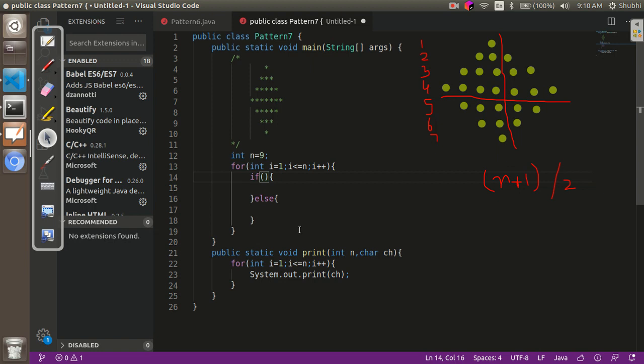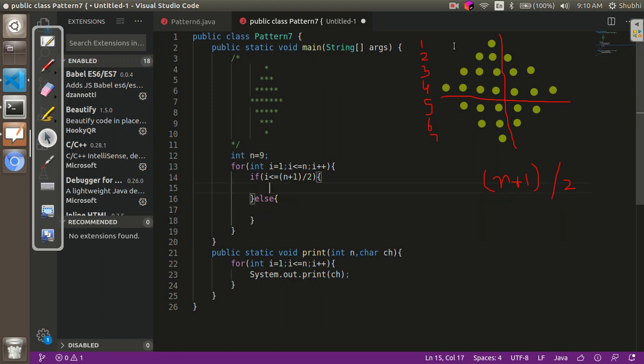So our control has to enter the if block if and only if the row count is less than or equal to (n+1)/2. So over here we will take care of this part, and in the else block we will take care of this part.